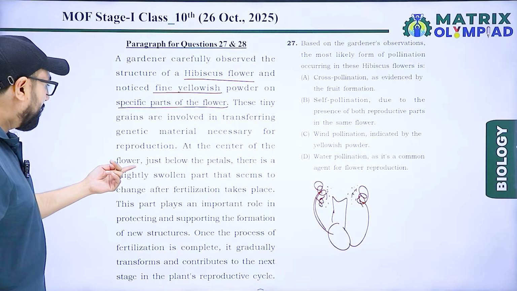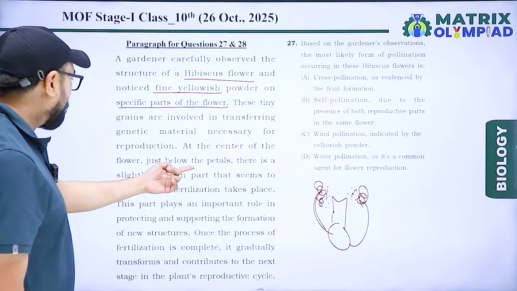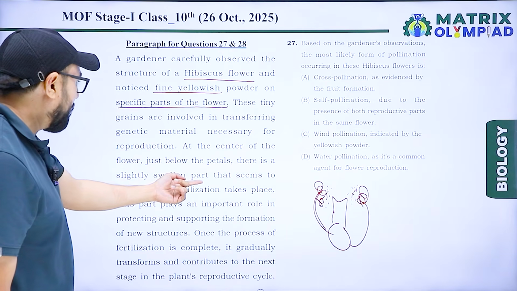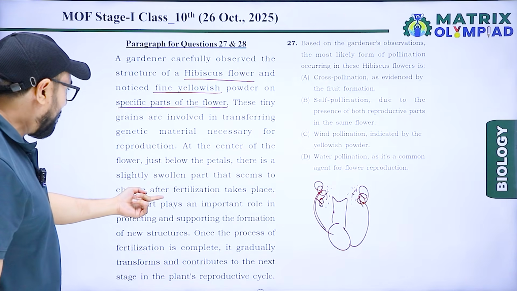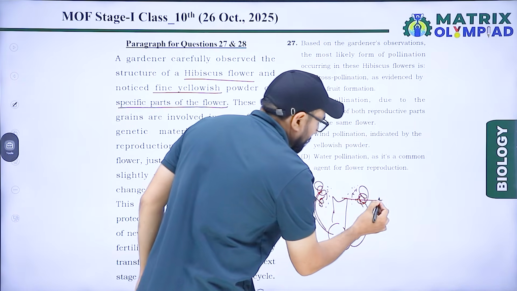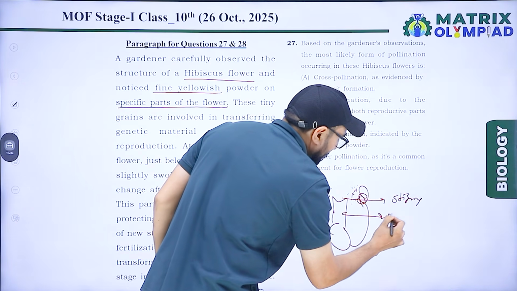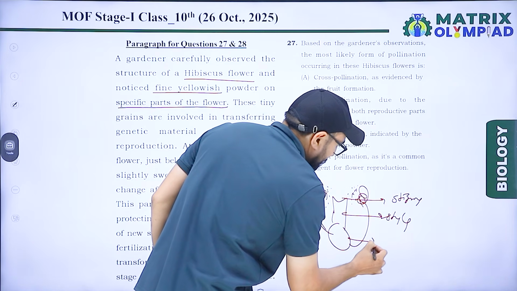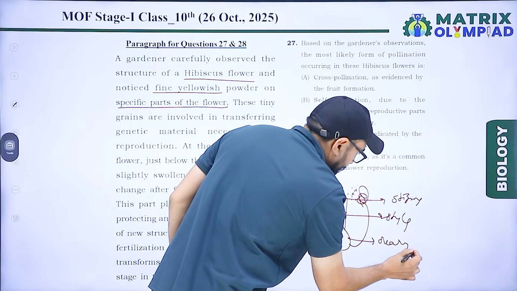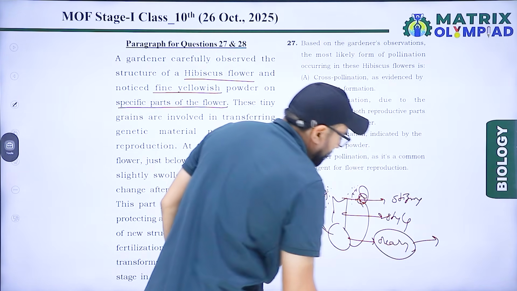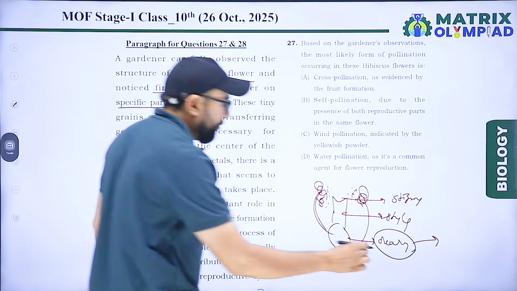At the center of the flower, just below the petals, there is a slightly swollen part that changes after fertilization. First stigma, next style, next ovary. The ovary changes after fertilization into fruit.